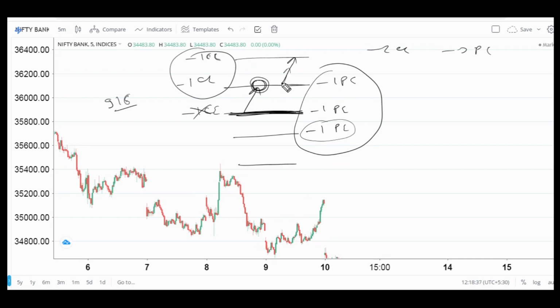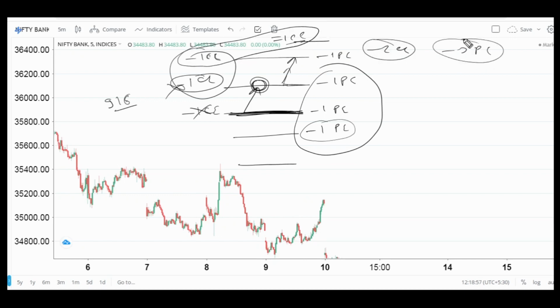Now suppose the market went here, so we'll exit this call. We'll enter one put here again, and again we will enter one step above out of the money call. So at any given condition, if the market is going up, we will have 2 call sells and 3 put sells. And as the market has moved 2 steps further from the original straddle price, the out of the money put which we sold at 916, the market has moved 3 steps away from it, or in our strategy, as I used a plus 200 adjustment, 600 points the market would have moved.